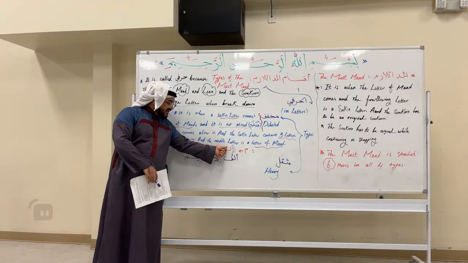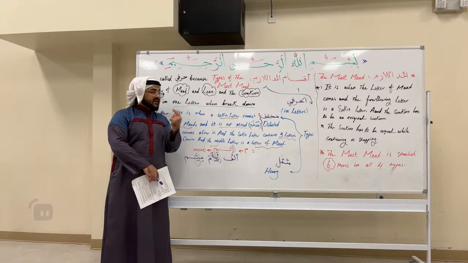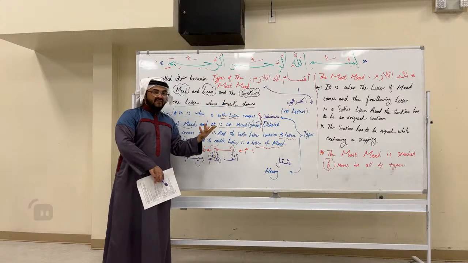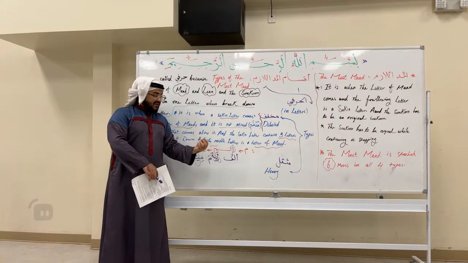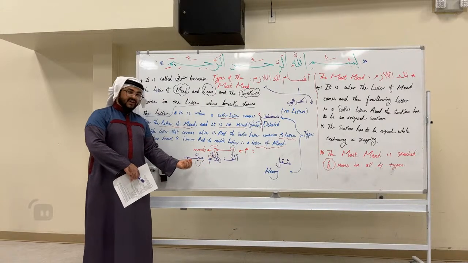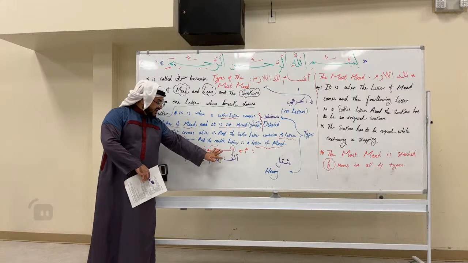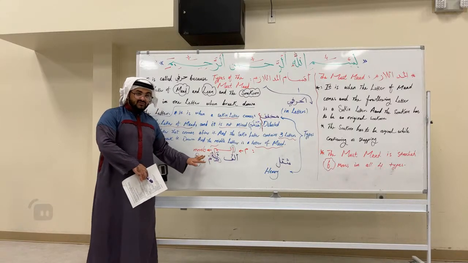You see, because the lam is harf. Lam itself, it's harf. That's why it's called harfi mukhaffaf. And if you break it down, why is it mukhaffaf? Because there's no shadda, no tashdeed, in any of them when you break them down.